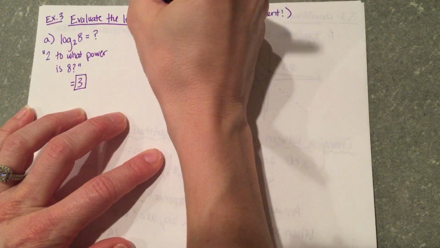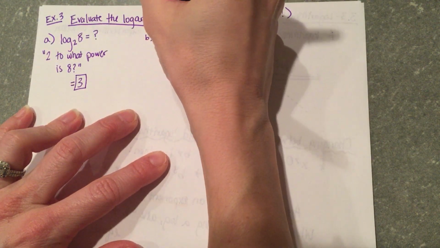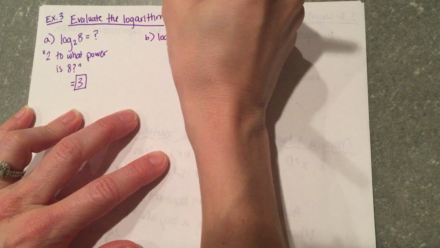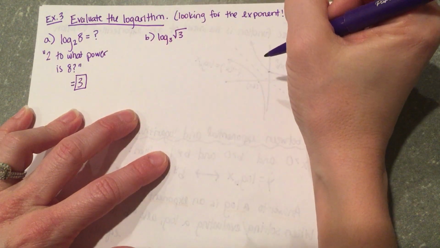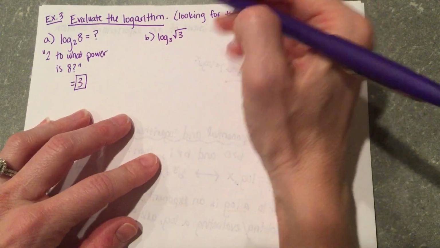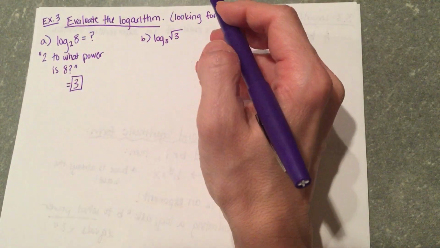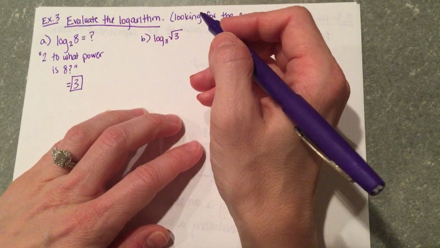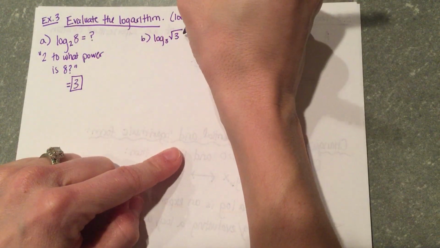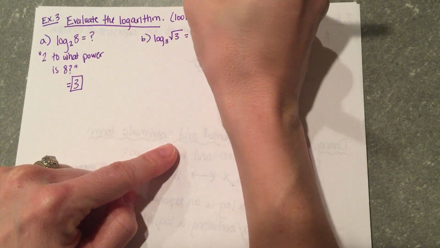Okay, for B, log base 3 of the square root of 3. So another way you can solve these, you're still asking this question. So like 3 to what power will be the square root of 3? But one thing you can do is actually just set that equal to x.